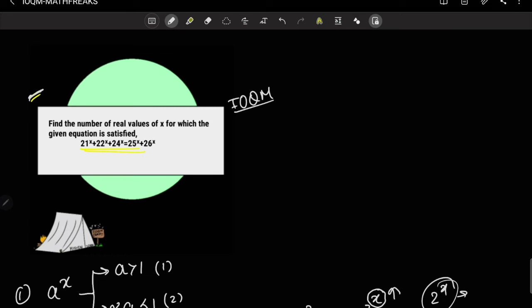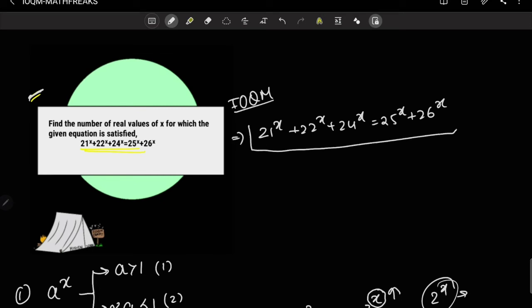Now for this the equation given is 21^x + 22^x + 24^x = 25^x + 26^x. Okay, now I have an idea. What if we divide the whole equation by 25^x?